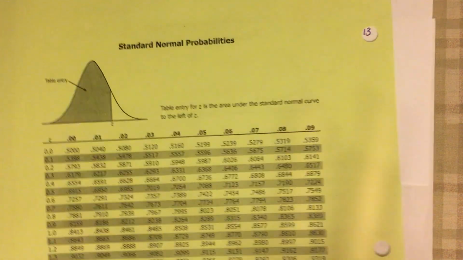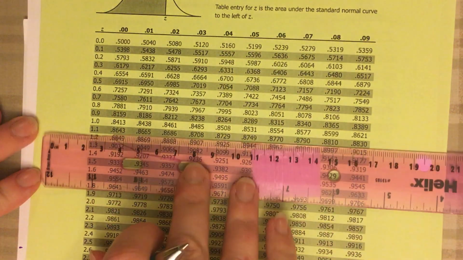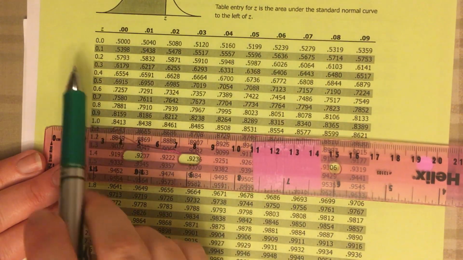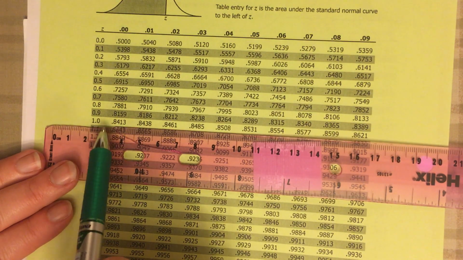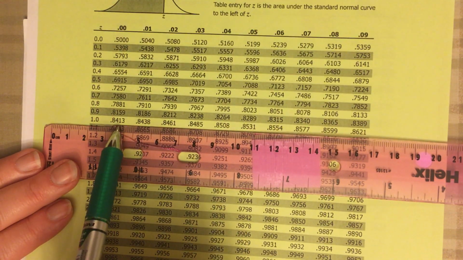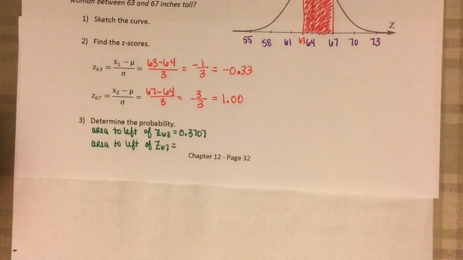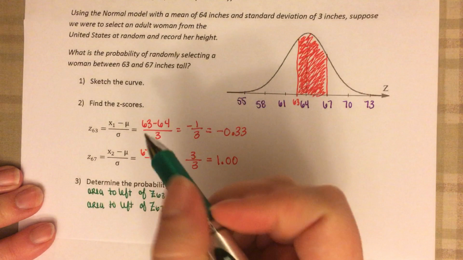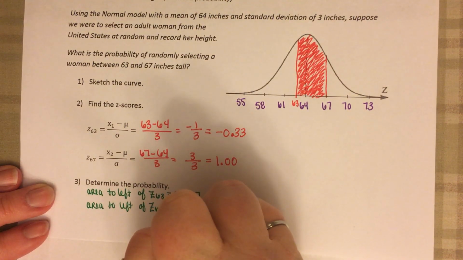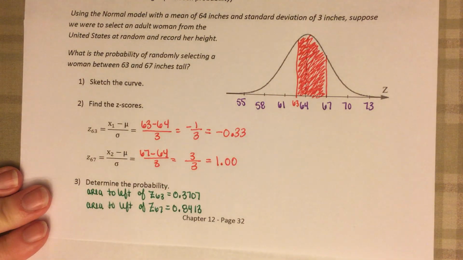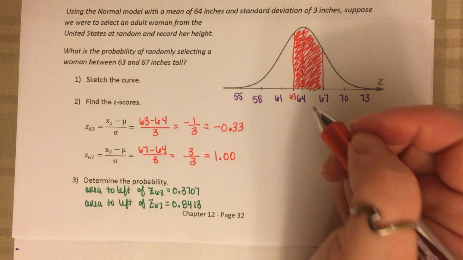Then Z67, that gave us a z-score of 1.00. So looking at our table, 1.00, we have 1.0, first column here, 0.8413. So unlike other examples that we've done so far, here we are looking for an area between.